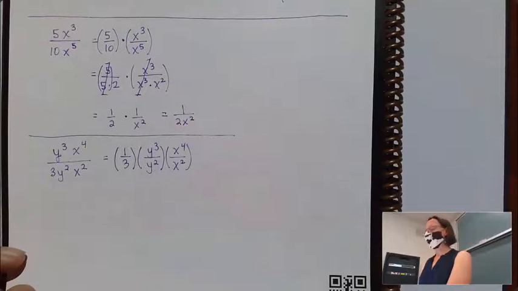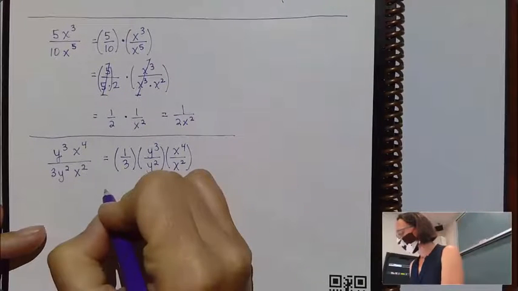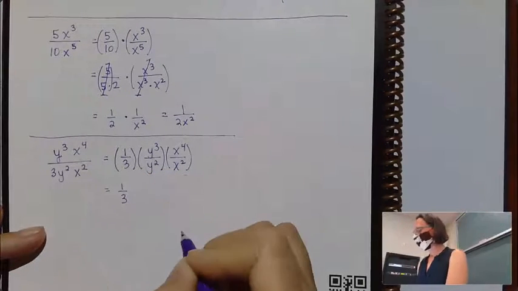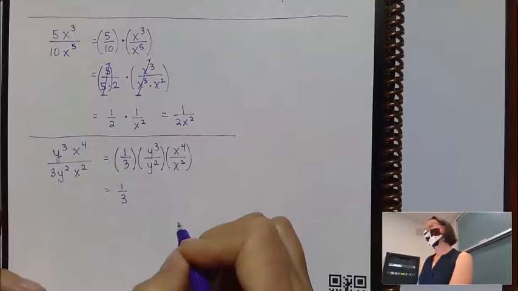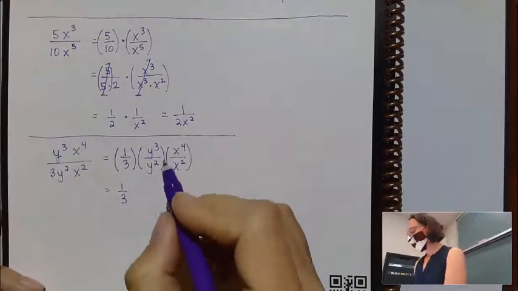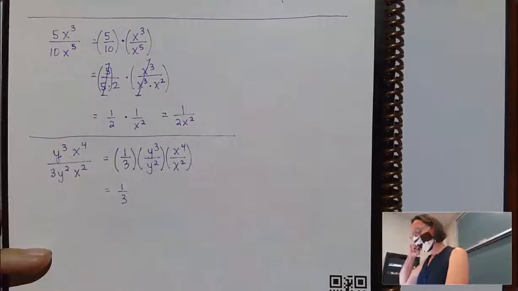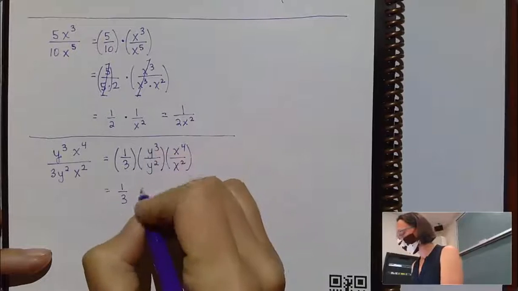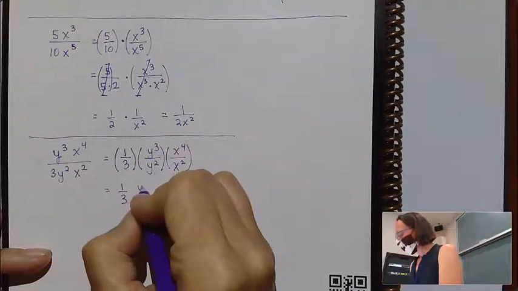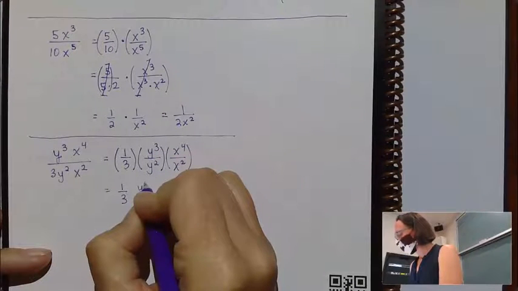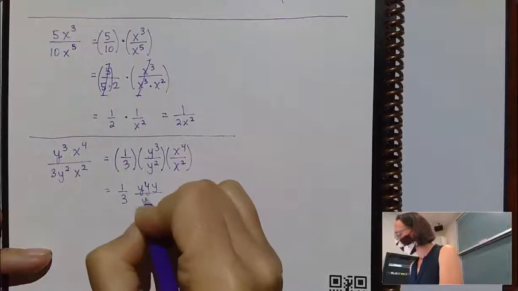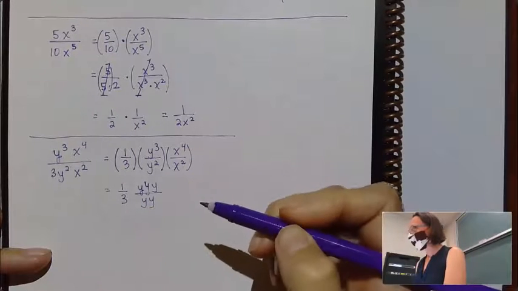And if I simplify each of those, well, the 1/3, there's nothing to reduce. On my y's, if I were to write this out on top, that y to the 3rd is the same as y times y times y, and that y squared is a y times y.